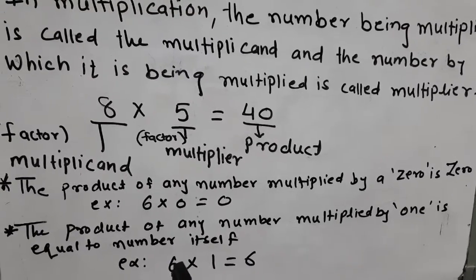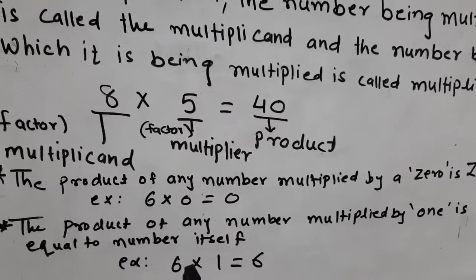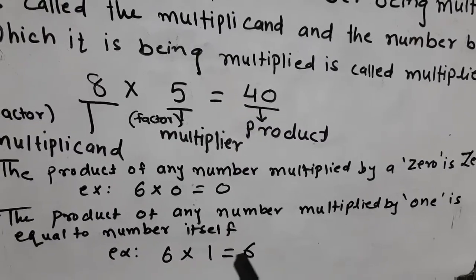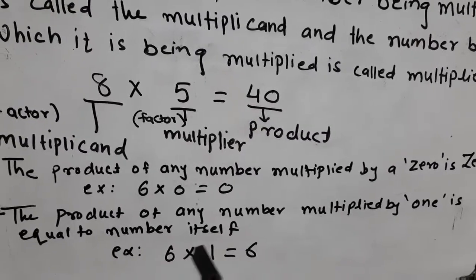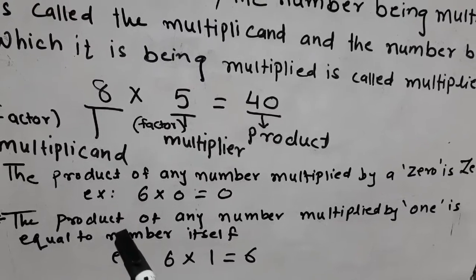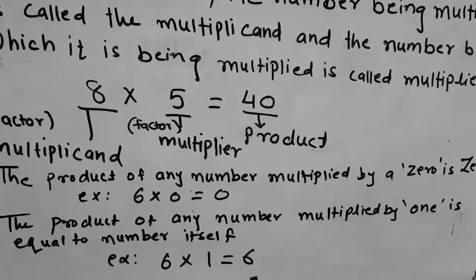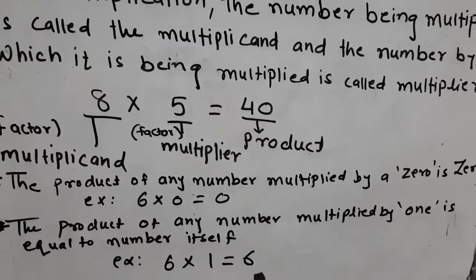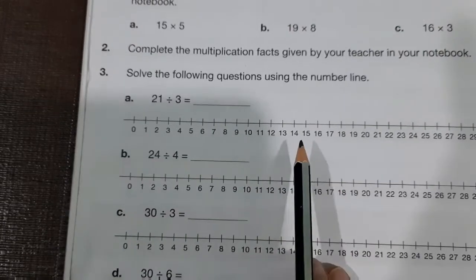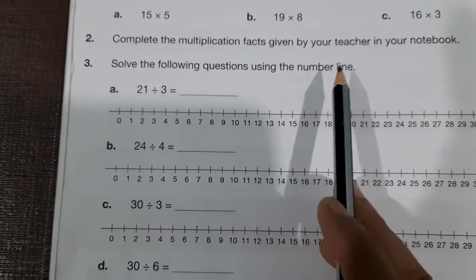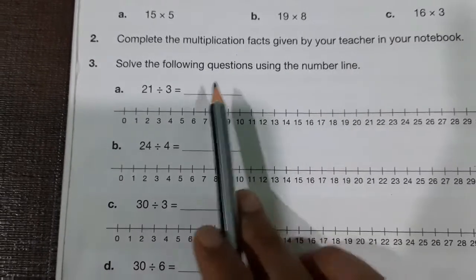For example, 6 multiplied by 1, the answer is 6. 6 ones are 6. If 7, 7 ones are 7, means the product of any number multiplied by 1 is that number itself. This is the multiplication fact. Whatever multiplication fact I have just told you, you have to write down in your notebook.